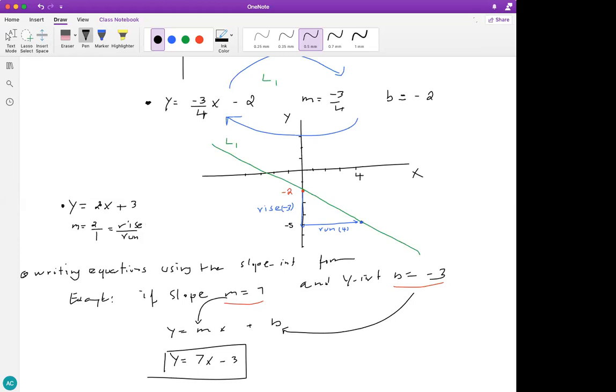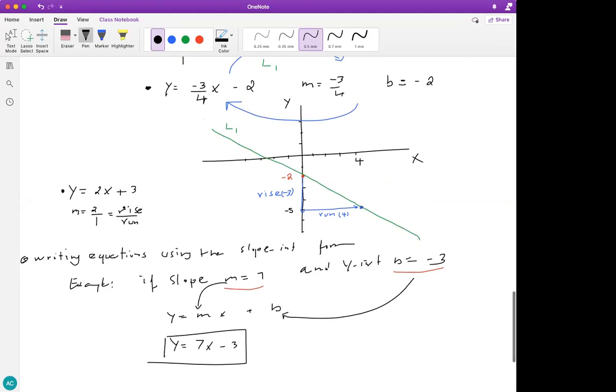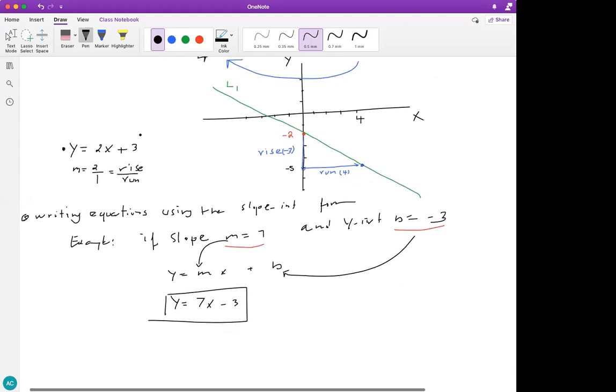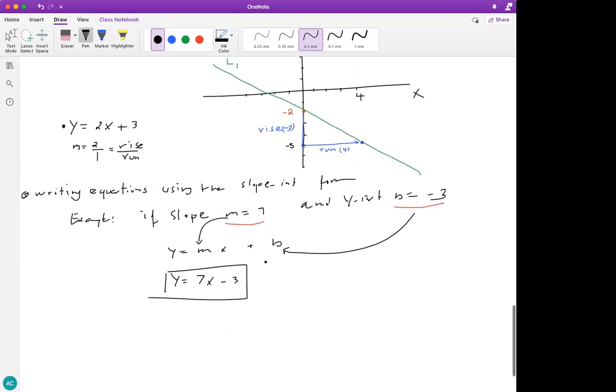And if we have x here, for example, just x without the 2, that means the slope would be 1 over 1. Or if you have negative 1, it would be negative 1 over 1, and so on. So the run, if you don't see it, it means it's 1. So that's basically how you write your equations using slope-intercept form. You just plug the m and b into the equation, and you get your formula.